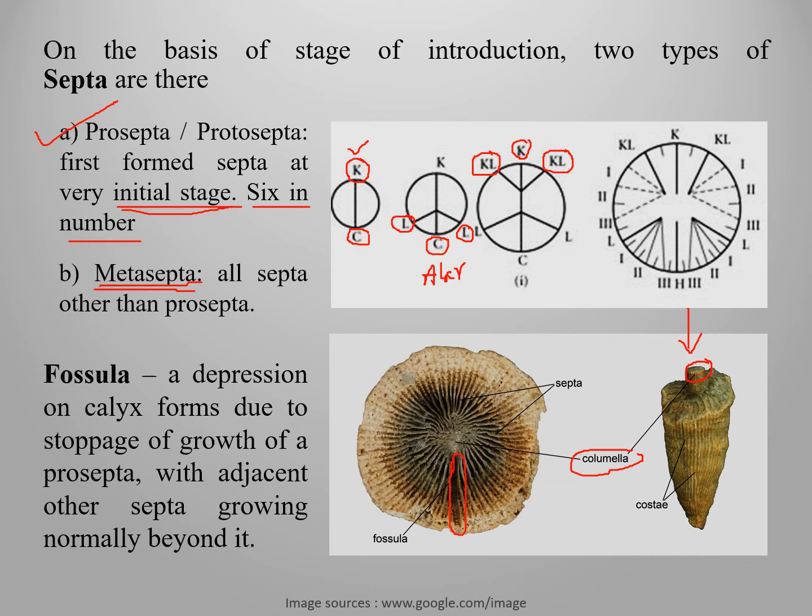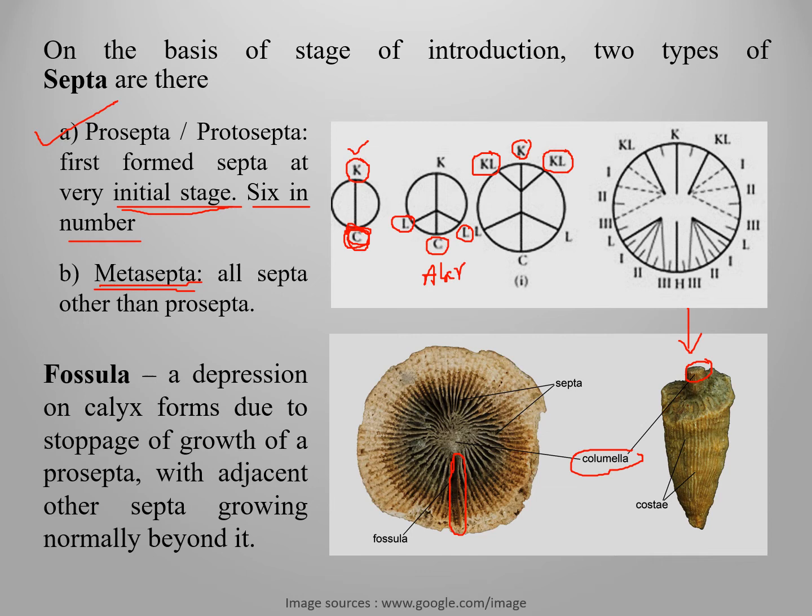Now, generally this fossula is found to occur for two septa. One is for the cardinal septum. In some corallites, the cardinal septal growth rate decreases and there occurs a depression. In that case, the fossula is known as cardinal fossula.